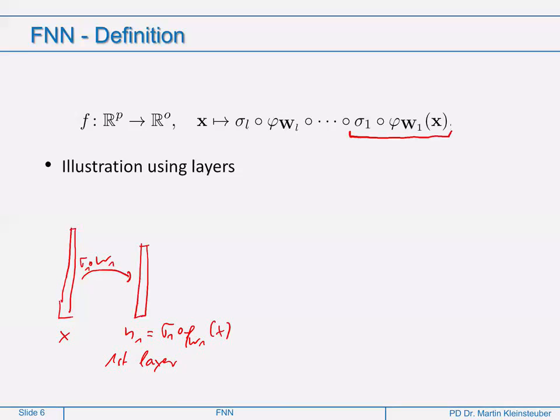Okay, and then we continue and pass this first layer, H1, into our second layer, because we apply here W2, the linear multiplication with W2, and then we apply sigma 2, and we end up with our H2, which is sigma 2 times phi W2 of H1. Right, that should be it.